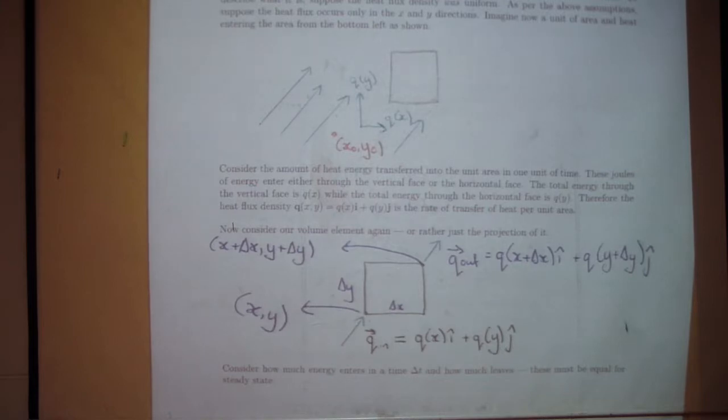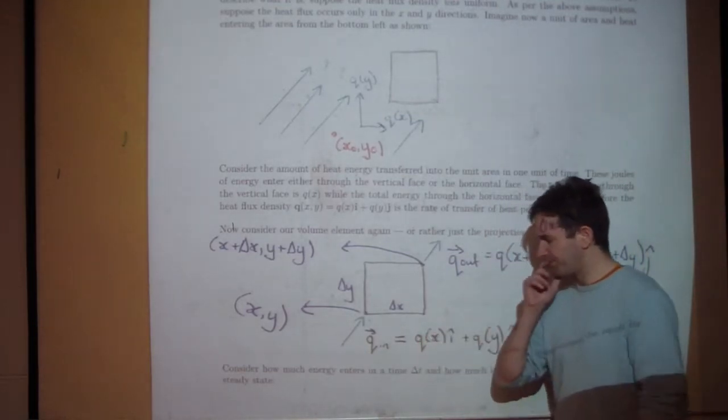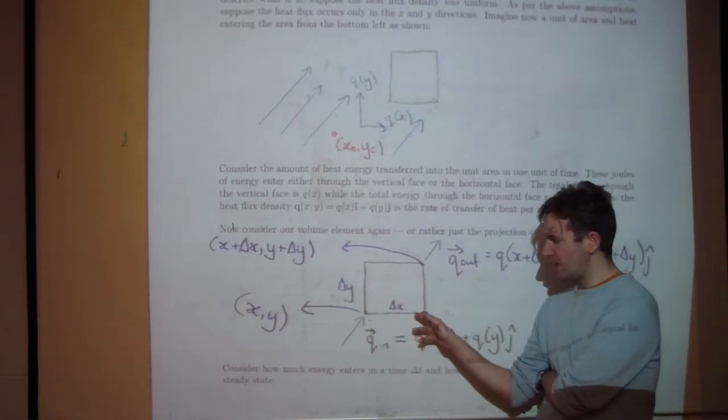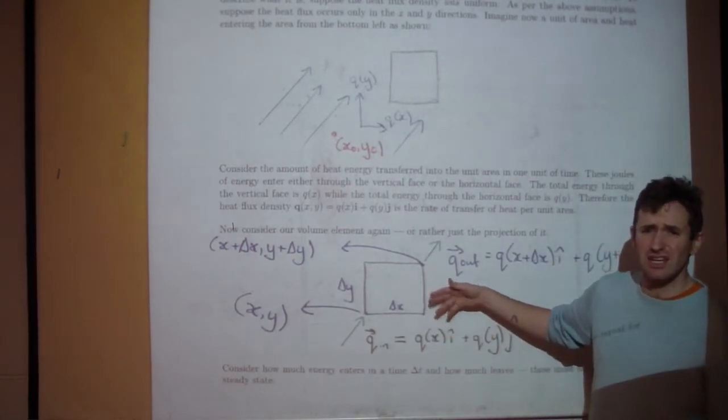Right. So what we want to say now is how much energy goes in and how much goes out, and we want these to be equal. The way we said that the heat flux density is how much energy passes through an area. Now this doesn't look like an area, but if we included the delta z, it would be there.